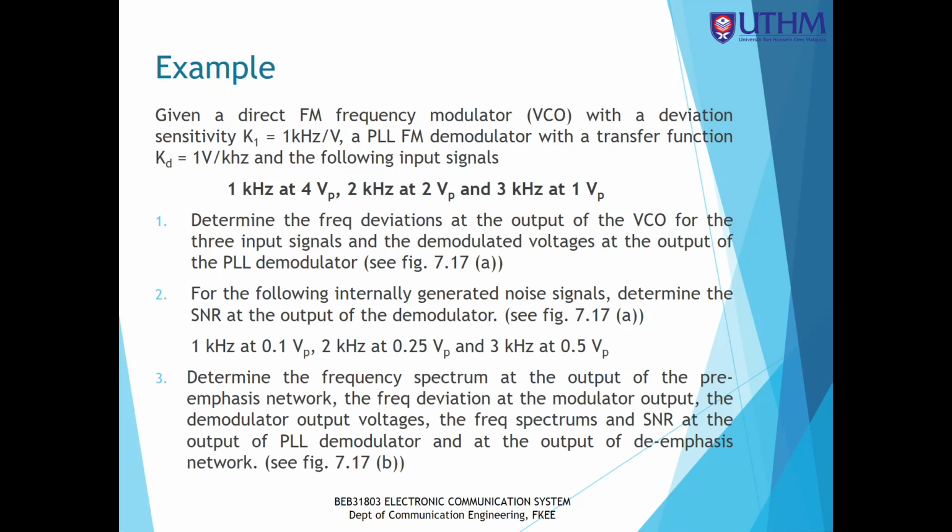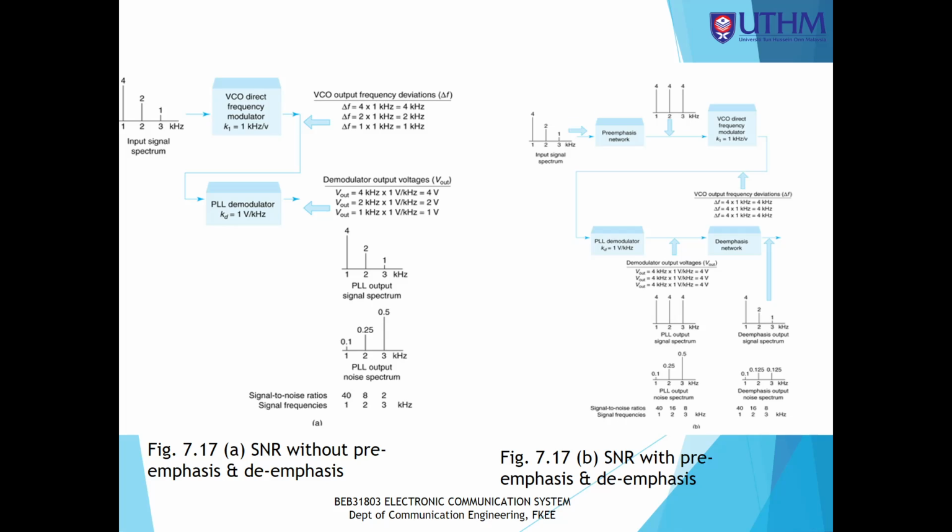Okay. So ini ada contoh berkenaan dengan PLL, bagaimana dia punya dari segi amplitude spectrum daripada nilai SNR itu adalah lebih baik berbanding tanpa adanya pre-emphasis, de-emphasis. So, di gambar raja di sebelah kiri menunjukkan tanpa pre-emphasis, de-emphasis, manakala di sebelah kanan menunjukkan nilai SNR selepas adanya pre-emphasis and de-emphasis.